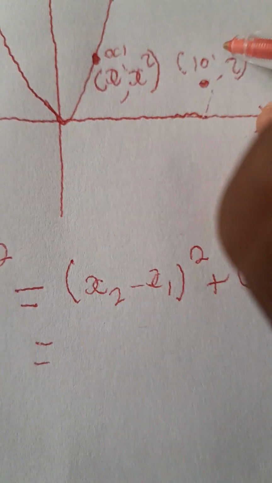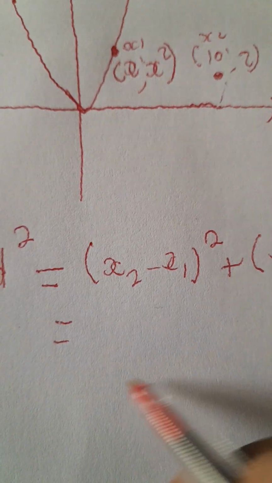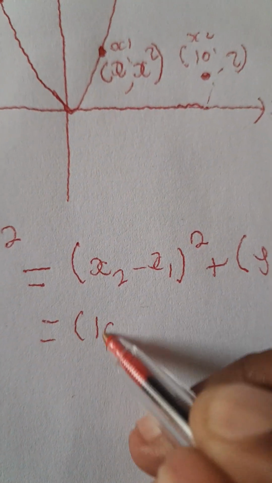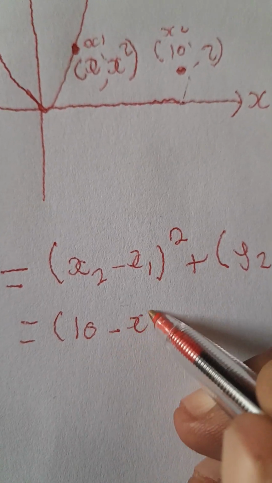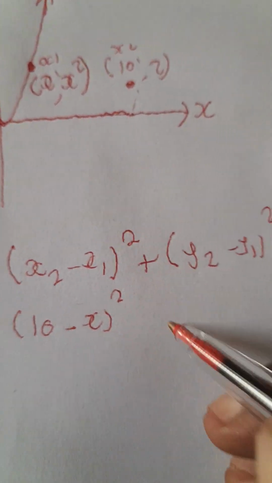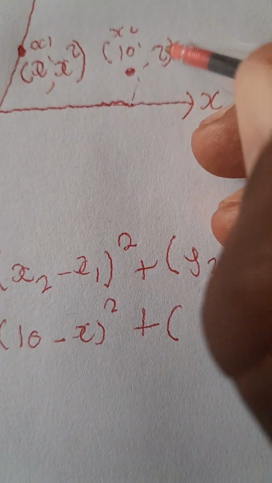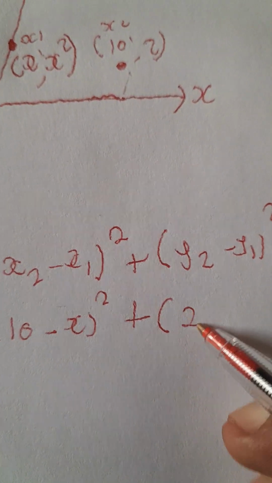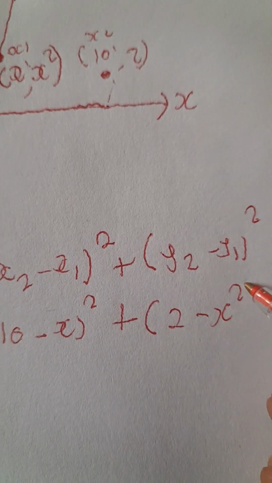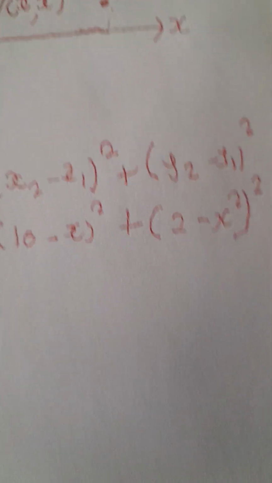Let this be x1 and this be x2. So this will be (10 minus x) squared plus (2 minus x squared) squared. Don't forget the squares.